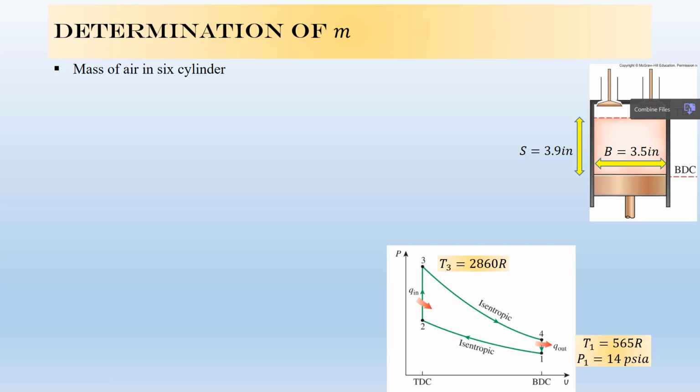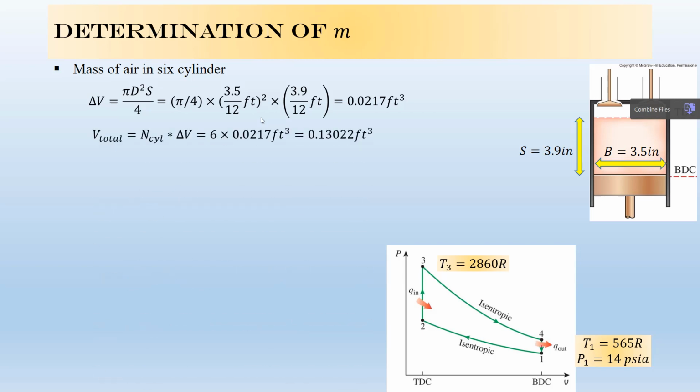You need to convert these inches to feet. From here, you can simply find delta V for one cylinder. If you multiply it by the number of cylinders, you can find the total delta V, or the total volume, correct? So the total volume is n times delta V. Now you have, guys, the V total.